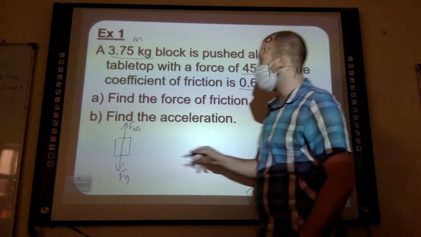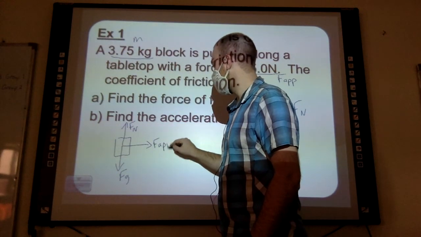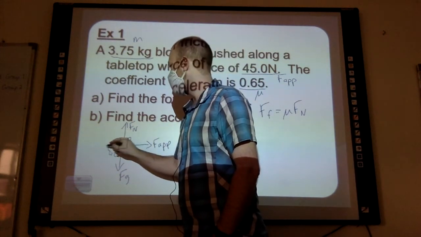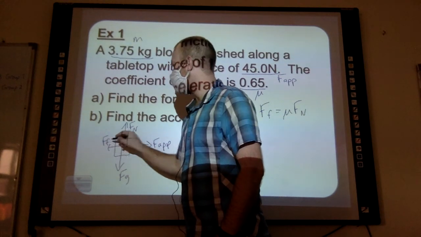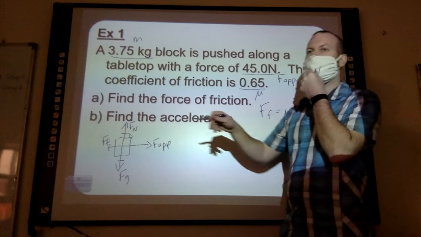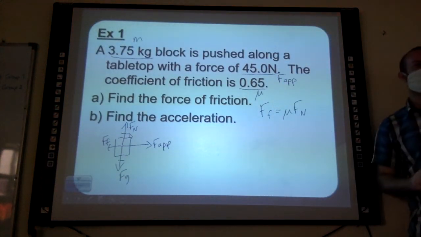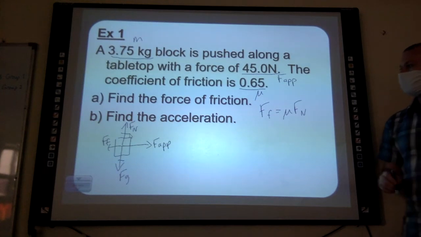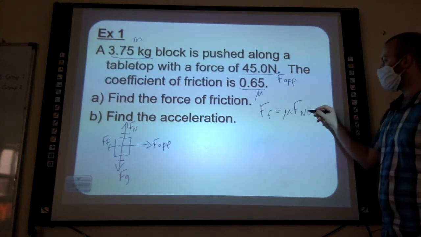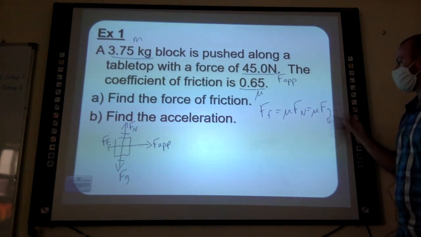We're not told any directions, so let's just assume force applied is this way. Force of friction is this way. Because it's on the surface and it's not accelerating up or down, Fg must be equal to Fn. So now this equation just equals mu Fg.